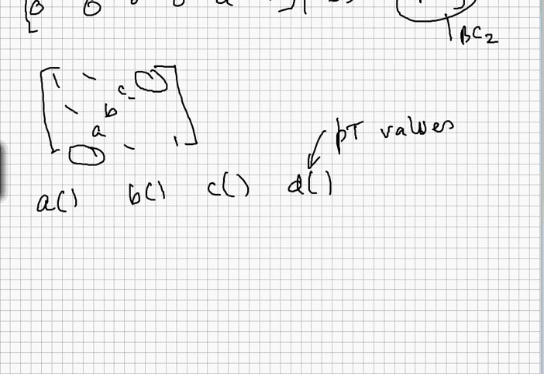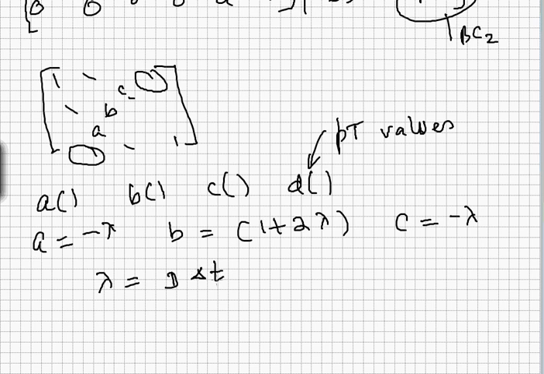Remember, right? So we already defined A. All the entries of A will be minus lambda. B's will be 1 plus 2 lambda, and C's will be minus lambda. We can calculate lambda because once you know delta x, delta t, and d, that lambda can be explicitly computed.